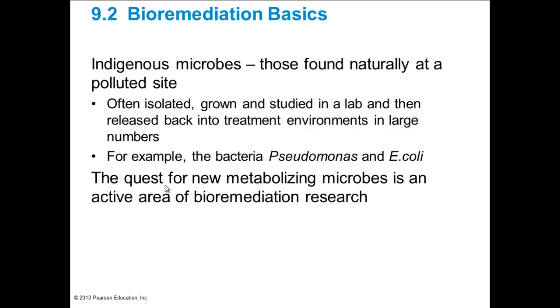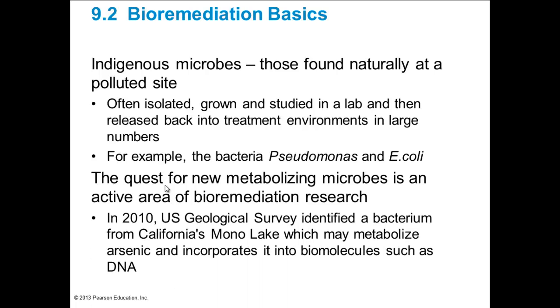The quest for new activities, things that can degrade contaminants that are more difficult to degrade, is an active area of research. Scientists are always looking at rich sources of microbes like contaminated soil or sewage sludge to see if decontaminating organisms can be isolated. One specialized bacteria was found in California's own Mono Lake.